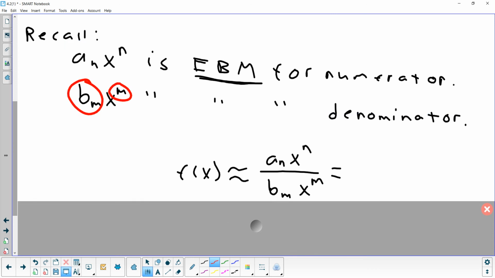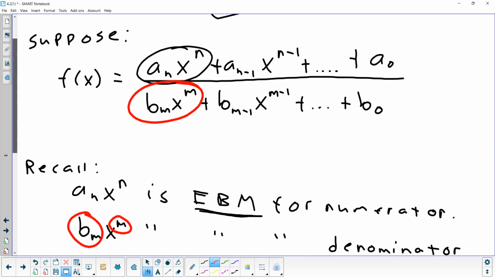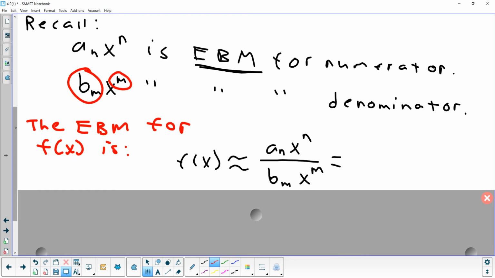So the EBM for f of x, that's what I called this formula, f of x, is taking the highest degree term in the top and dividing by the highest degree term in the bottom. That's the EBM.